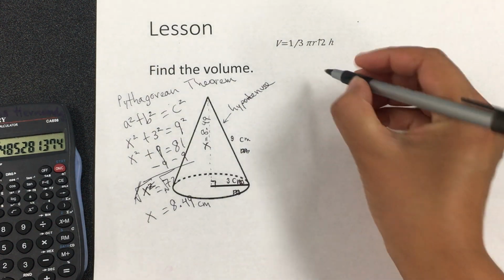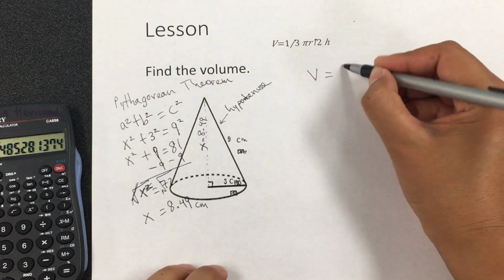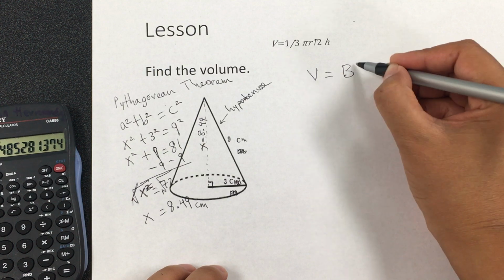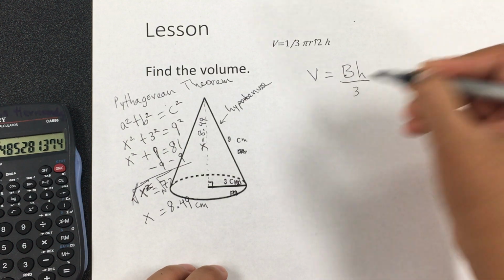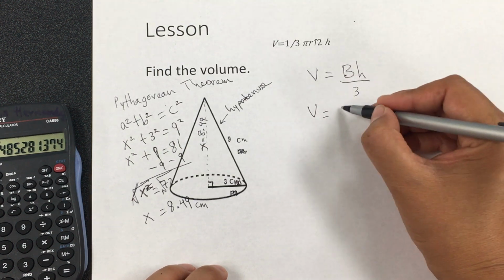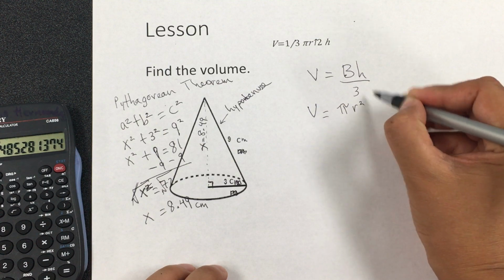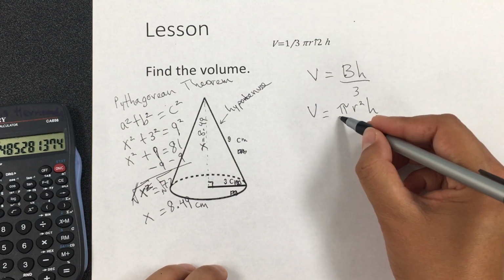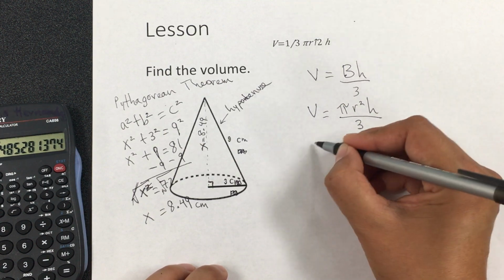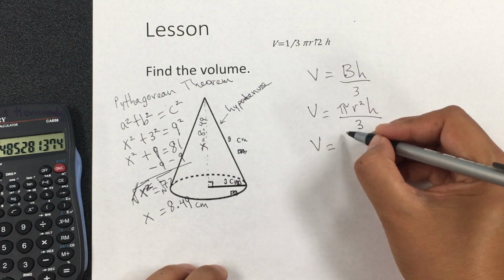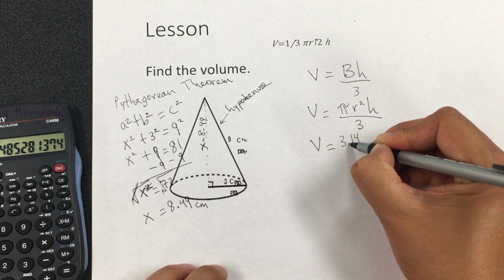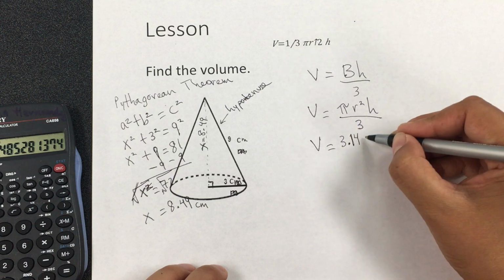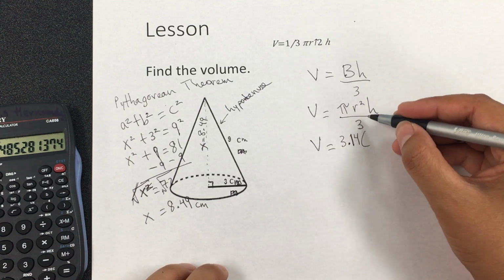Now we can use the formula, volume is equal to the area of the base times the height divided by 3. And the area of the base is pi r squared times the height, which we didn't have, but now we do. And pi is 3.14. Again, if they ask you to leave it in terms of pi, you just bring it down.